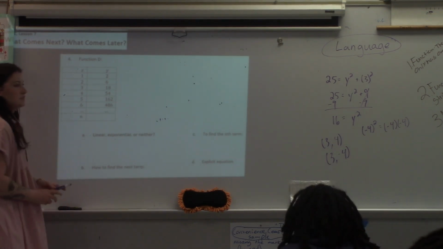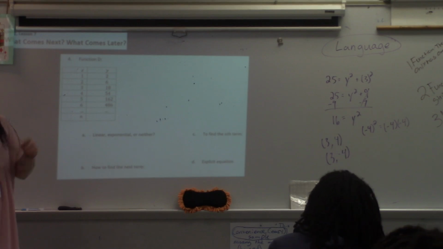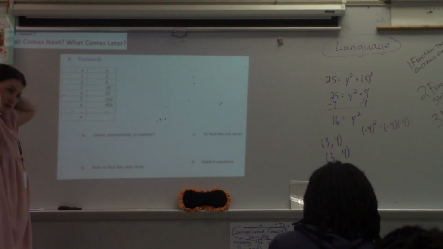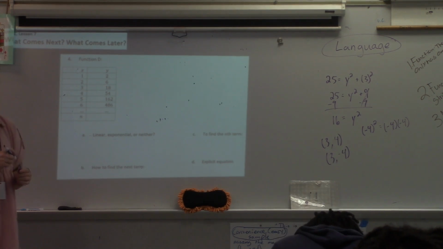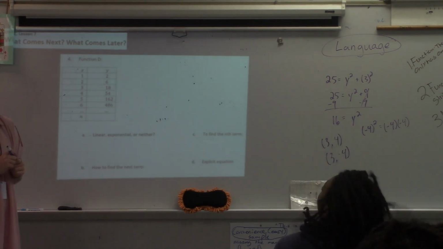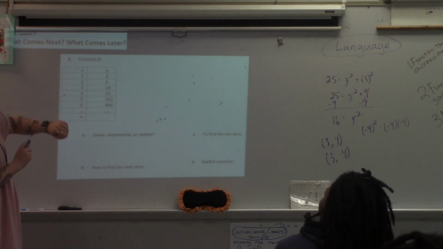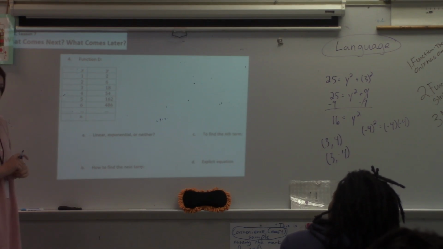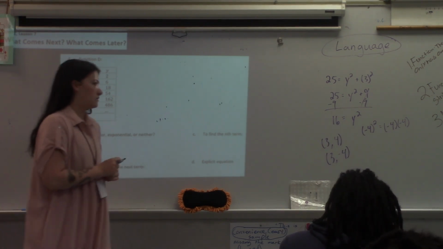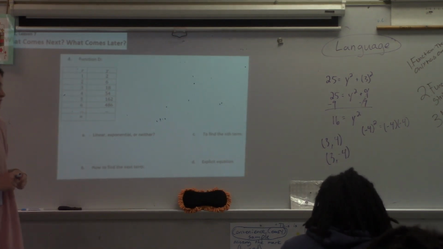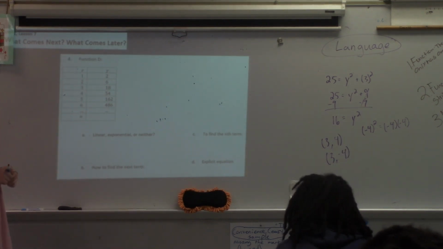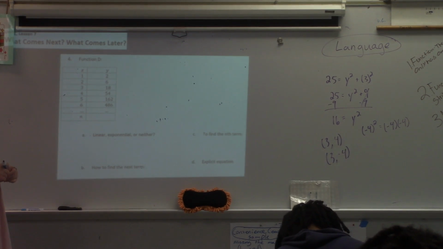We did not do this one yesterday, maybe some groups got this far, but I don't think so. This is from yesterday, the what comes next, what comes later packet. We're gonna quickly go through this one.